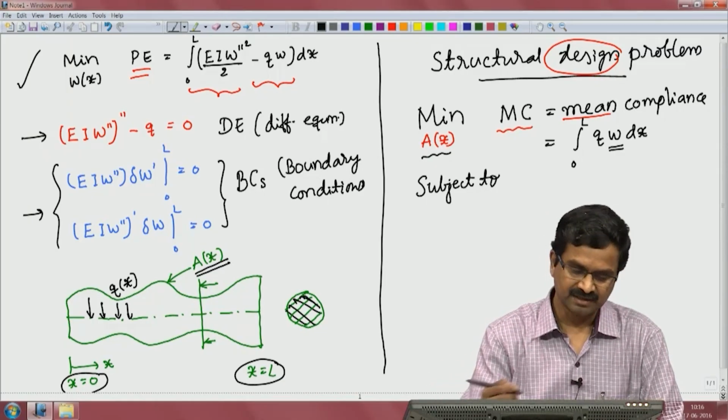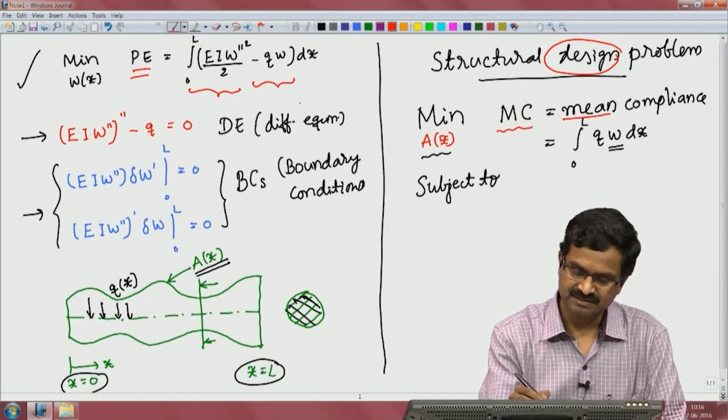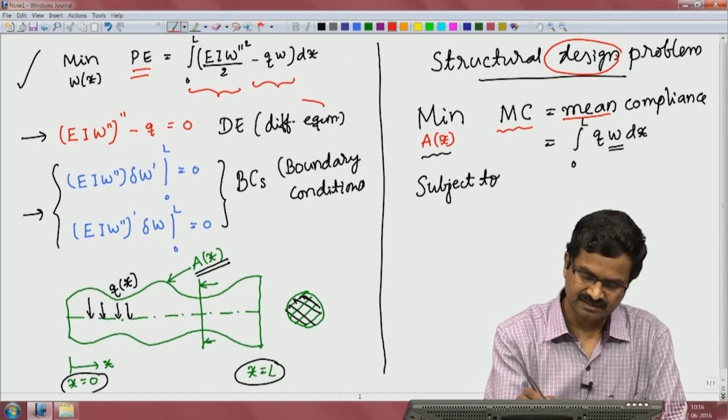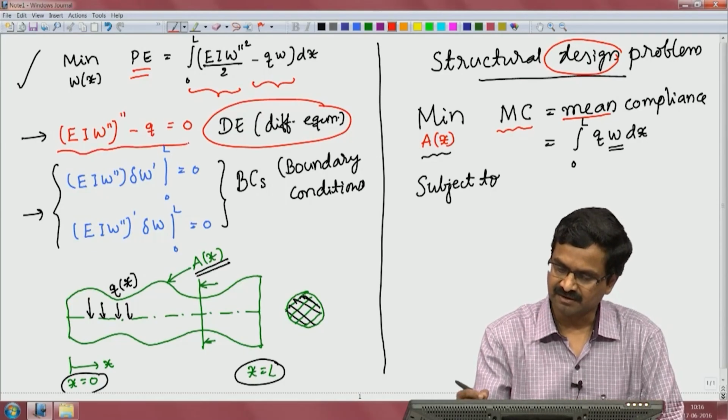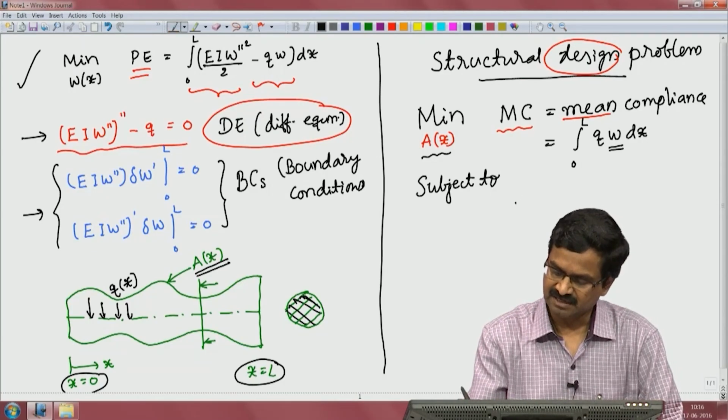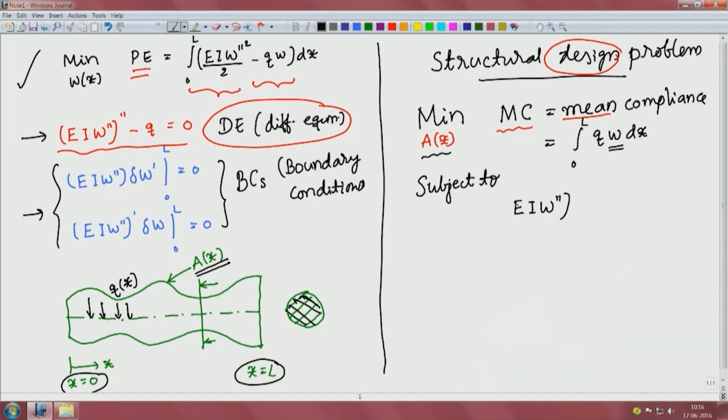For a beam, the governing differential equation is right here. This is what we have already written. So, let us write that. That is the governing equation, E I W double prime minus Q is equal to 0. That is the governing equation for the state variable W.